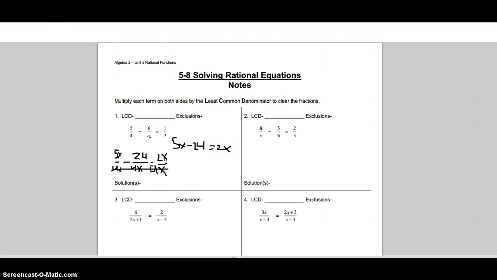So over here I'm going to make a text box over the rules. Rule number 1, we want to factor the denominator. Rule number 2, you want to find the common denominator. In this case it was 4x.